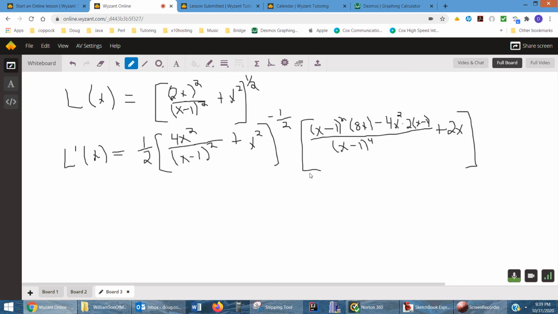So this block over here is the result of using the chain rule. And we want to know when this mess equals 0.